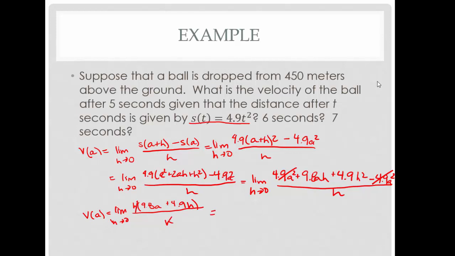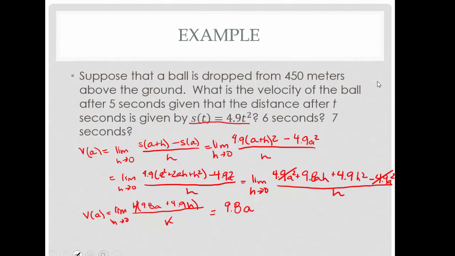Notice now that we've canceled the h's, we're now able to plug in. There's our direct substitution. We're able to plug in 0 in place of h, and what we get is 9.8 times a. Well, that's great. That tells me that if I want instantaneous velocity at any time a, all I have to do is take 9.8 times that a.